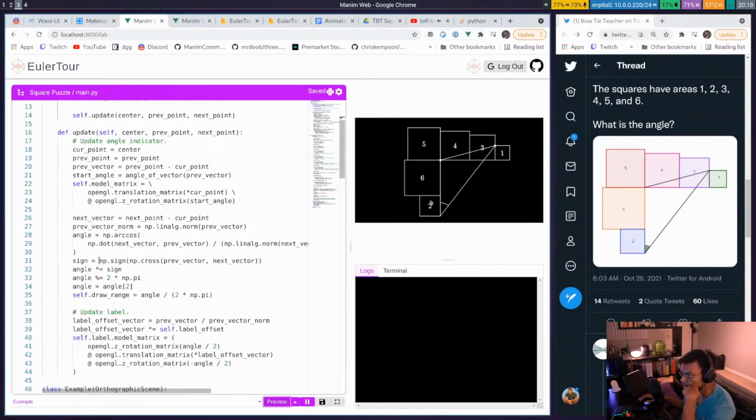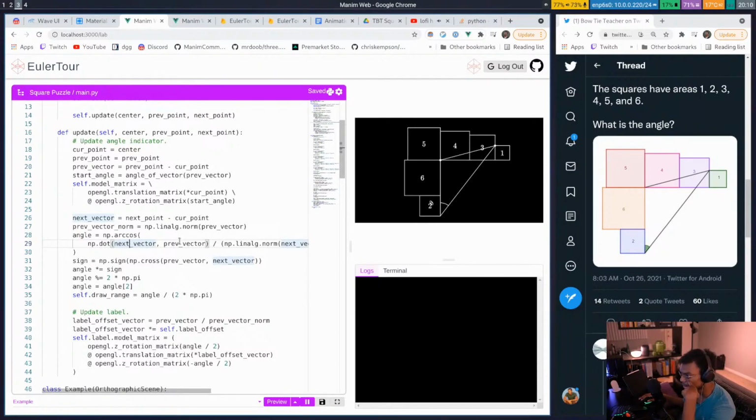So how do I get that? Angle arc cosine next and previous. I assume the order here. I don't know if that matters or not.